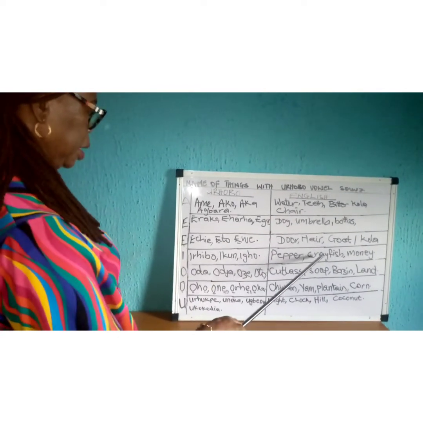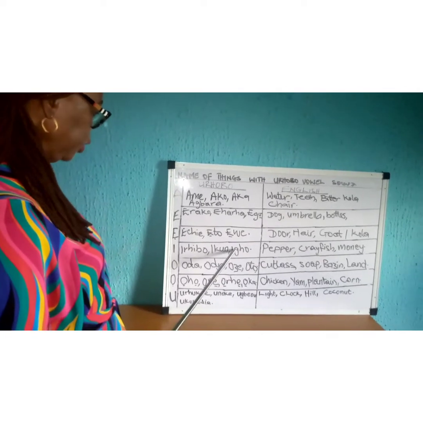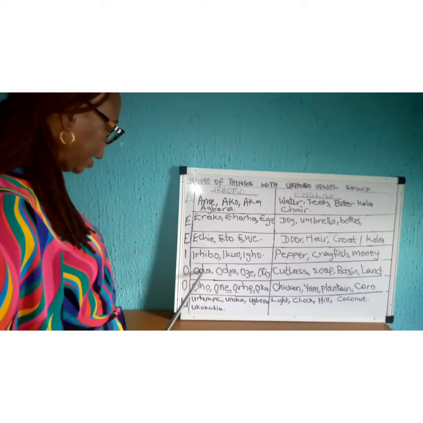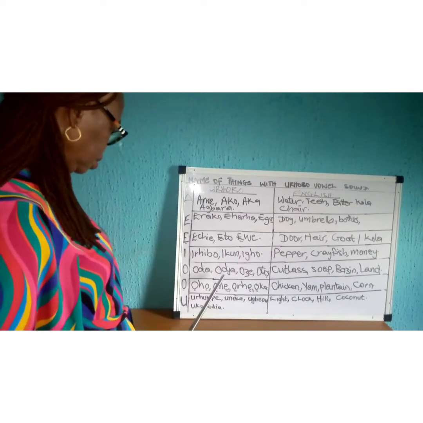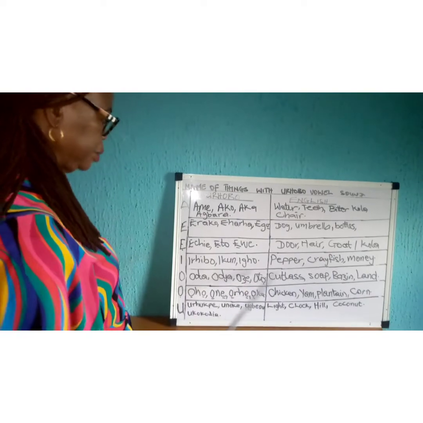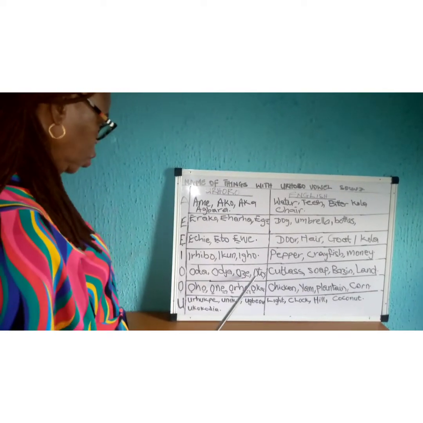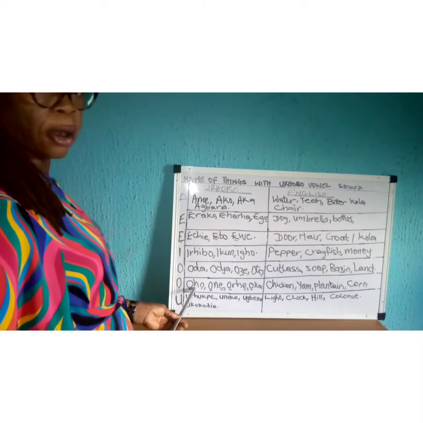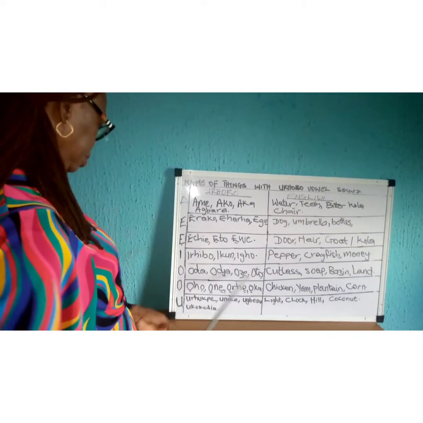Iku, crayfish. Iho, money. Oda, cutlass. Oja, soap. Oze, basin. Oto, land. Oho, chicken.